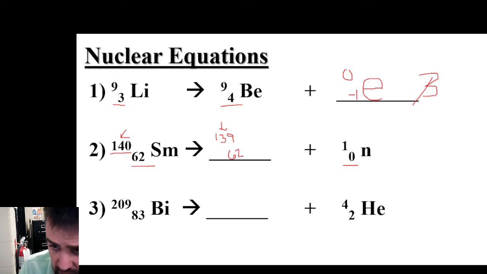Okay? Because this is 62, that means my element has not changed. It's just still going to be Sm. And this is your neutron emission, because this is a neutron. That means we're getting rid of a neutron. Protons stay the same, and your mass goes down by 1 because we got rid of a neutron.